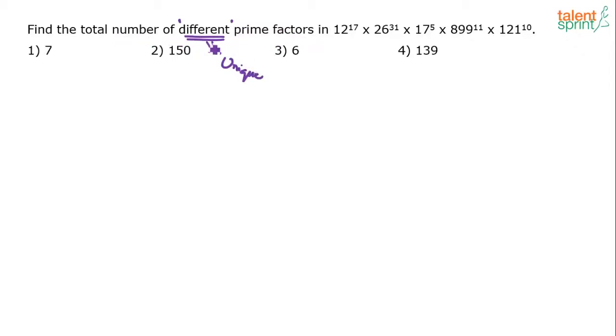He's asking us to find the total number of different prime factors, unique prime factors. What do we do? Look at the expression. 899 is going to take some time. I don't know if it is a prime number or not.